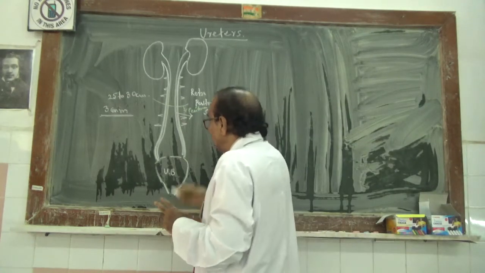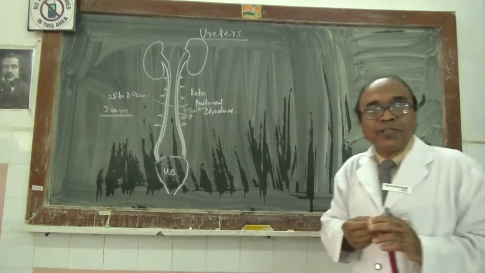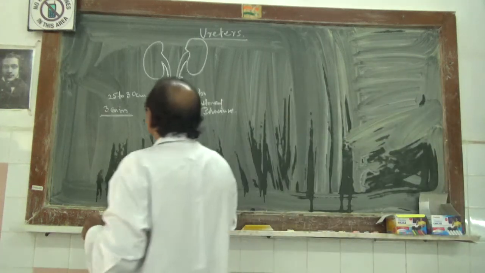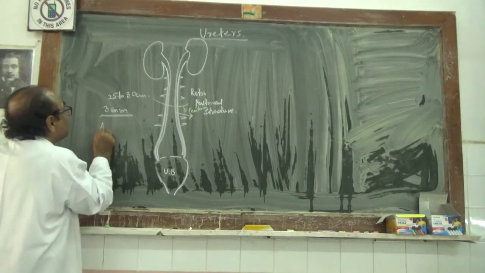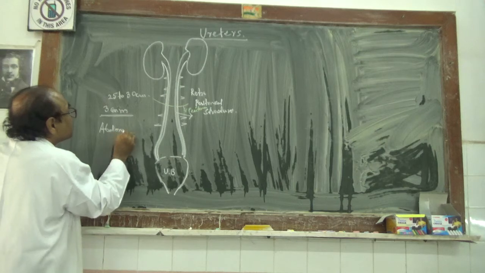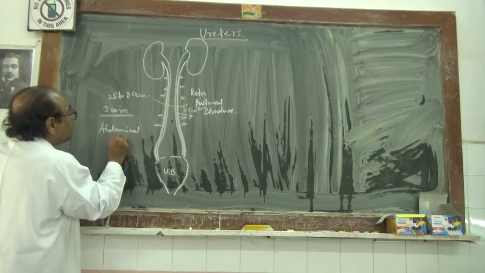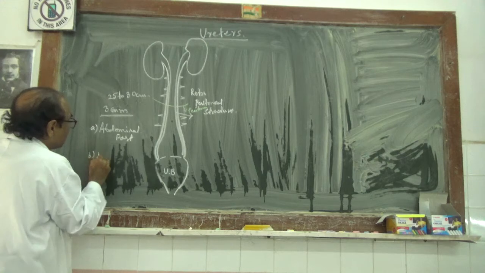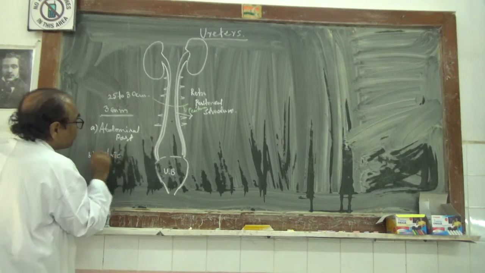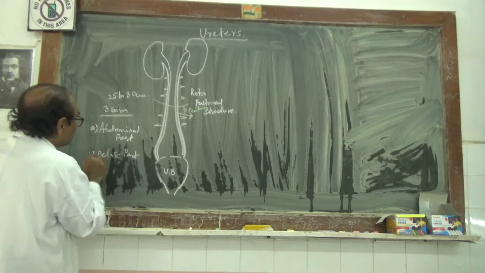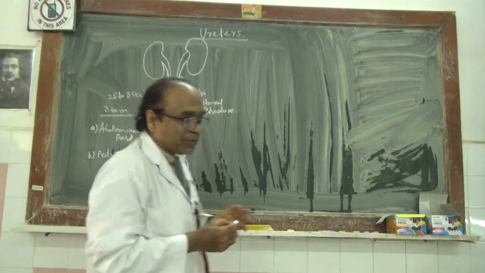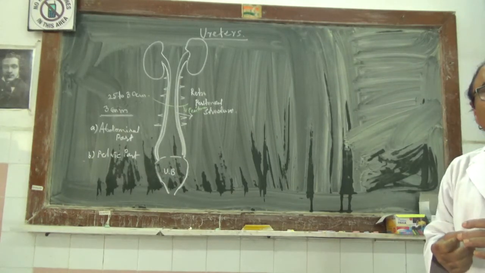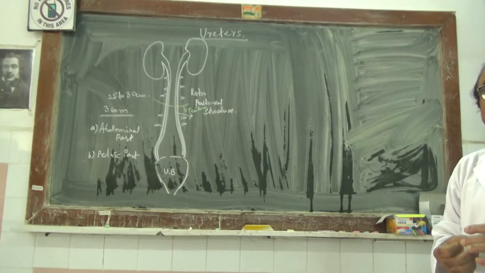Now this ureter, for the purpose of explanation, will be divided into abdominal part and pelvic part. Now abdominal part and pelvic part are almost half each.